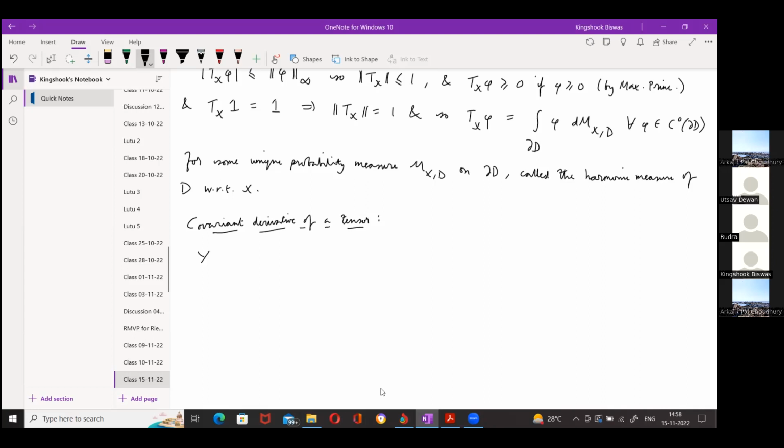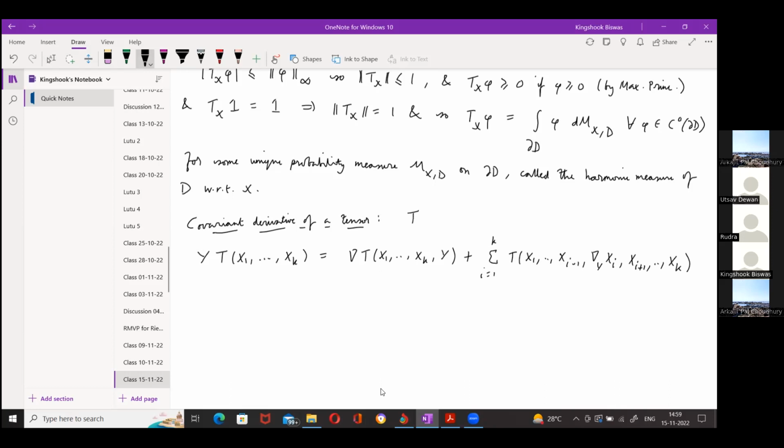Y acting on T(x1, ..., xk) is equal to nabla T(x1, ..., xk, Y) plus the sum, i goes from 1 to k, of T(x1, ..., x_{i-1}, nabla_Y xi, x_{i+1}, ..., xk).